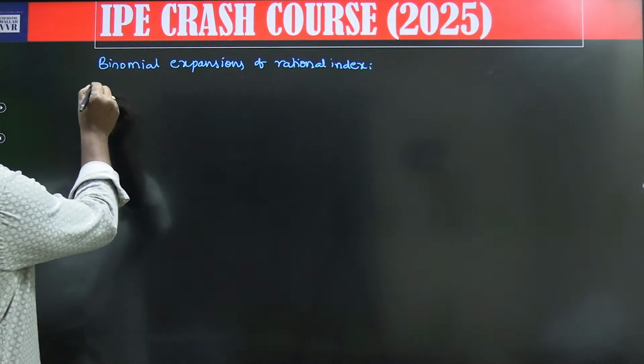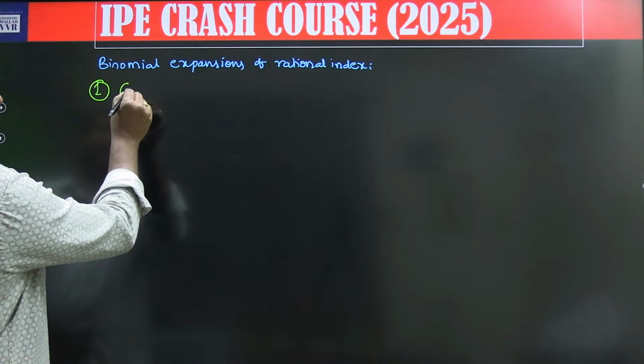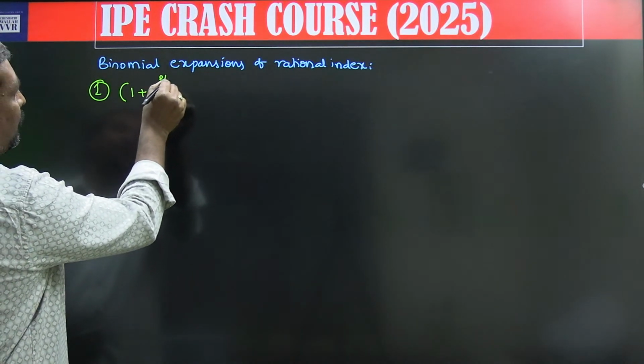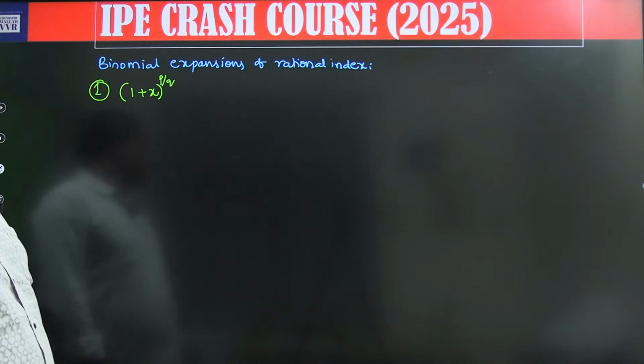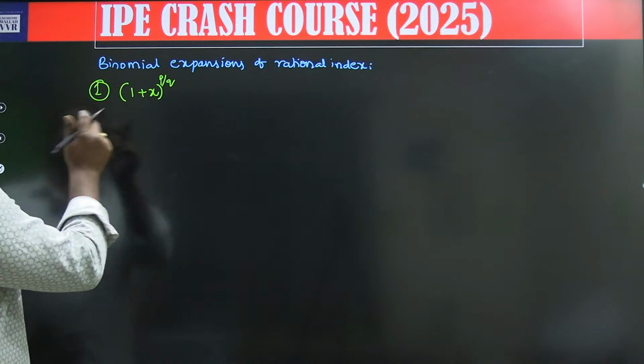In this first one, (1 + x) whole to the power of p by q. To explain this, we go directly here.